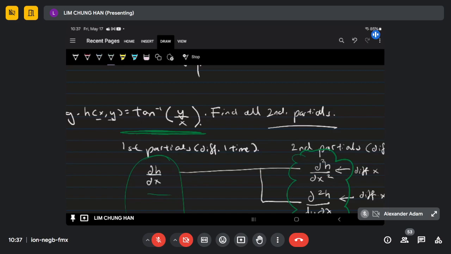For me, it's also the difficult part. Now, this is actually not calculus 2, this is from calculus 1. From calculus 1, do you still know how to differentiate inverse of tangent y over x? How do you do it? What is inverse of tangent?